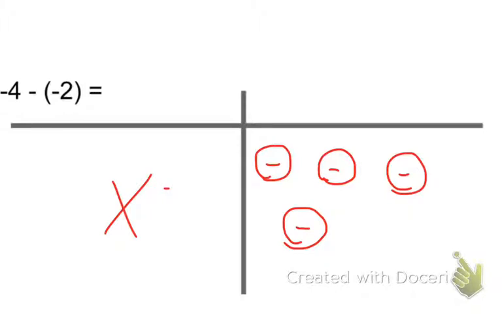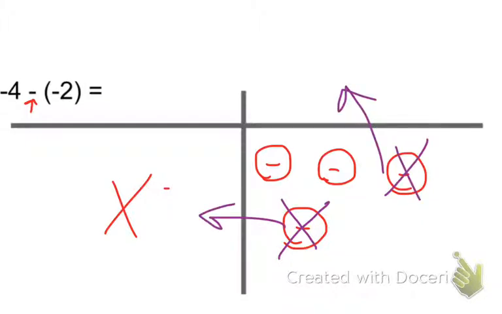Well, I'm removing 2 negatives. What does it mean if I'm removing 2 negatives? Well, it means just what that means. I'm taking 2 of these and taking them away, throwing them out of the board. And if I take those 2 away, I'm left with negative 2.